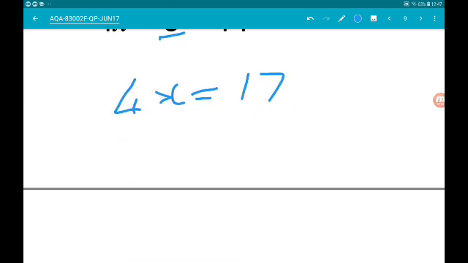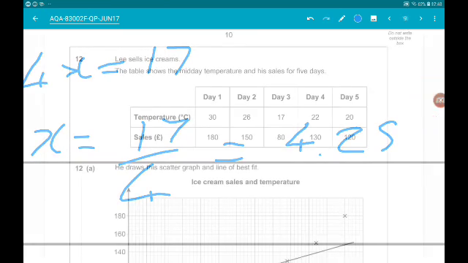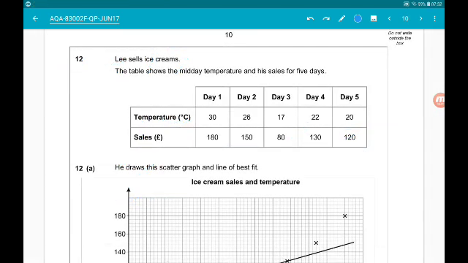And then we need to get rid of the 4. The 4 is multiplying the x. So to cancel it out, we divide by 4. We get x is 17 over 4. That's fine for an answer, but that's also 4.25. Cool.